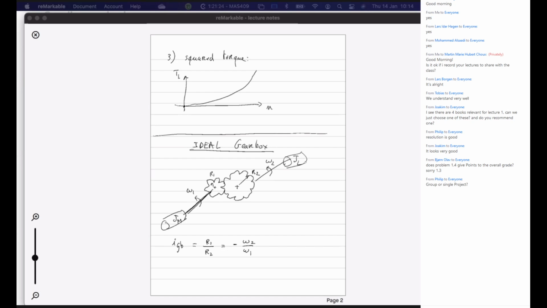Except that if omega 1 is turning in the positive way, omega 2 will be negative. That's why we have a minus sign also. So that's the first relation. And then, this is always the case, but in addition we know that it's ideal.